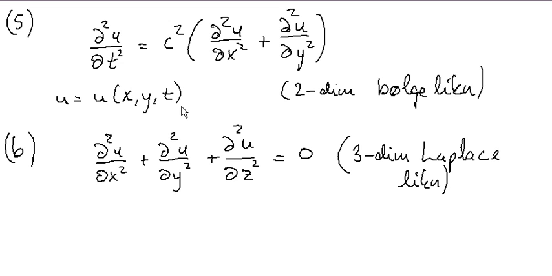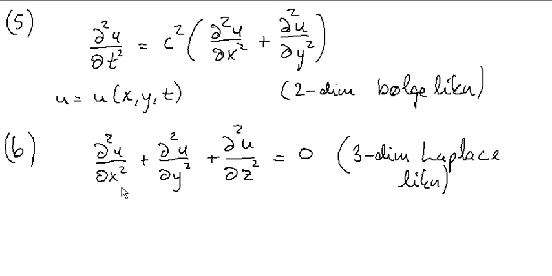So as you can see here, in this case the solution u, or the unknown variable, is dependent on both spatial coordinates x and y, and also the time t.